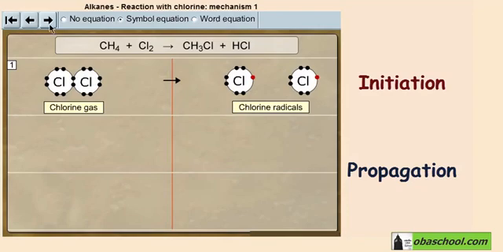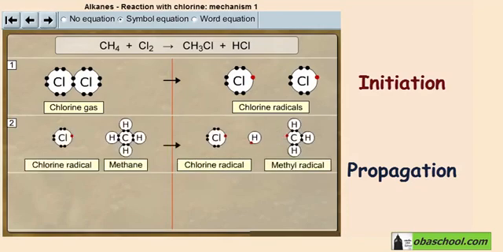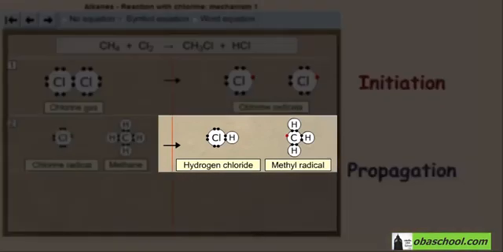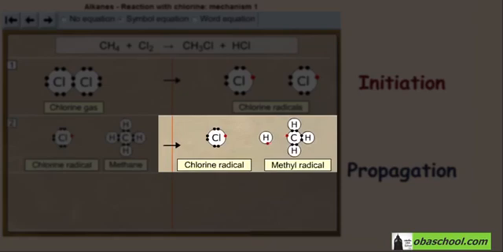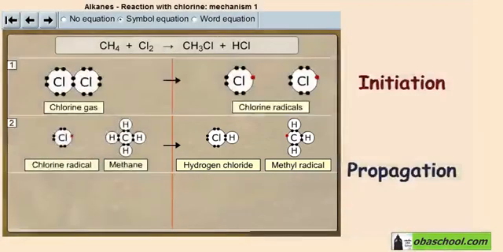In the first reaction, a chlorine radical reacts with a methane molecule to produce hydrogen chloride, HCl, and a methyl radical, CH3 radical. So again, a chlorine radical will react with methane to produce hydrogen chloride and a methyl radical.